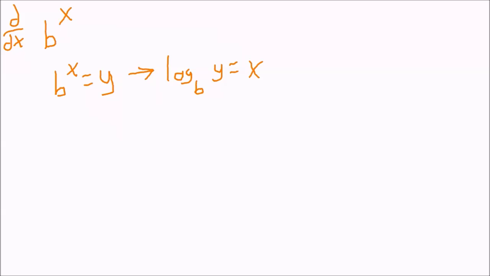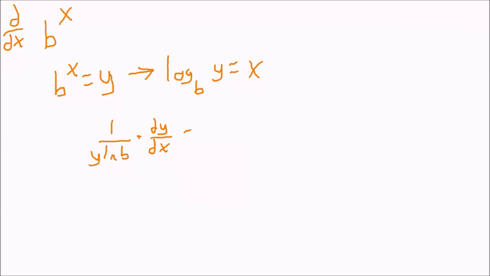Alright, and from here, we're going to be taking the derivative of a regular log just like we just did. So we know that the derivative of log base b of y is going to be 1 over y ln b times dy over dx.